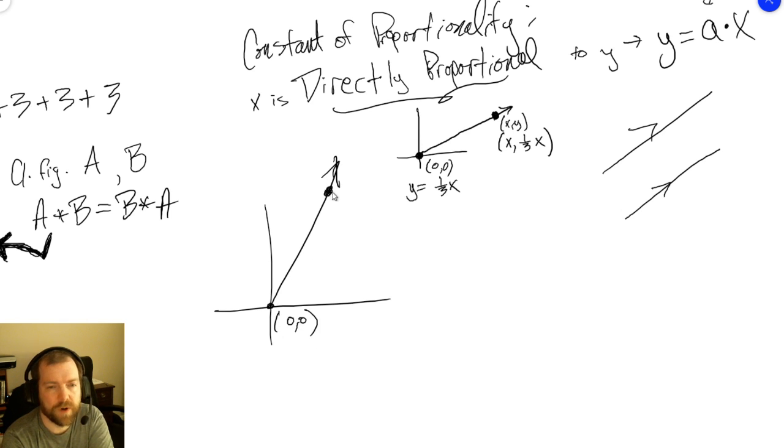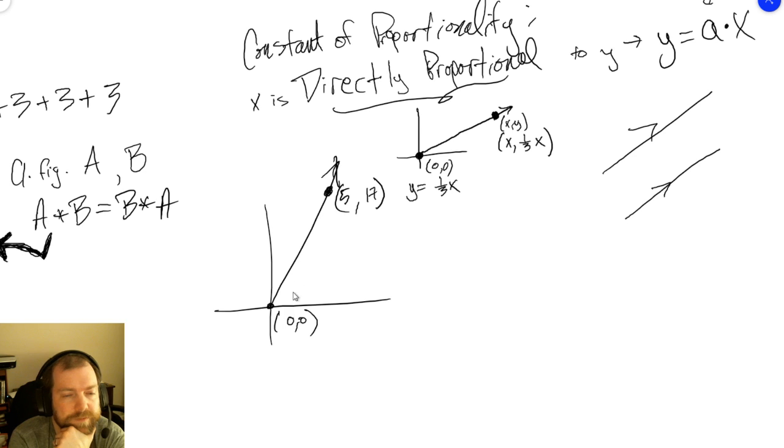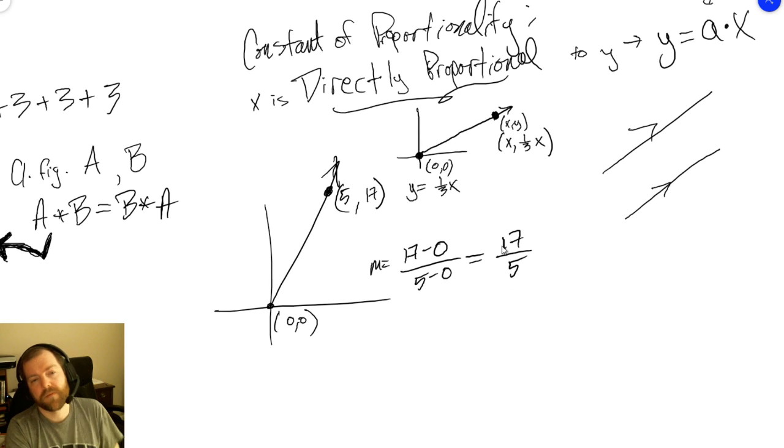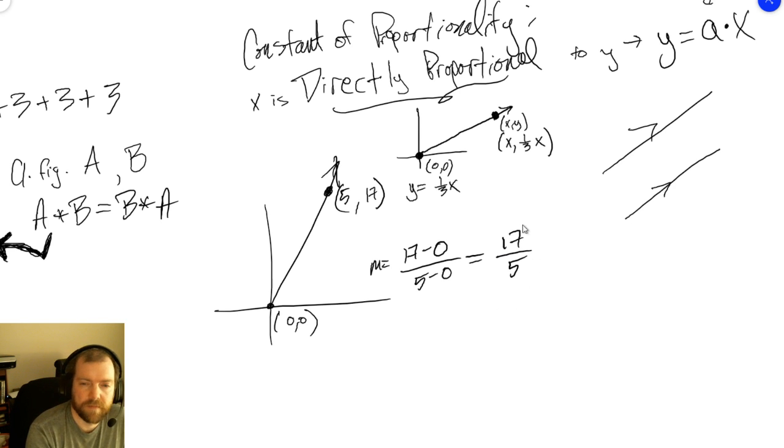And if it went through, I don't know, 5 comma 17, something that's not nice, then in theory you could use the slope and find m equals 17 minus 0 over 5 minus 0, which is 17/5. In theory, that should be your constant of proportionality.